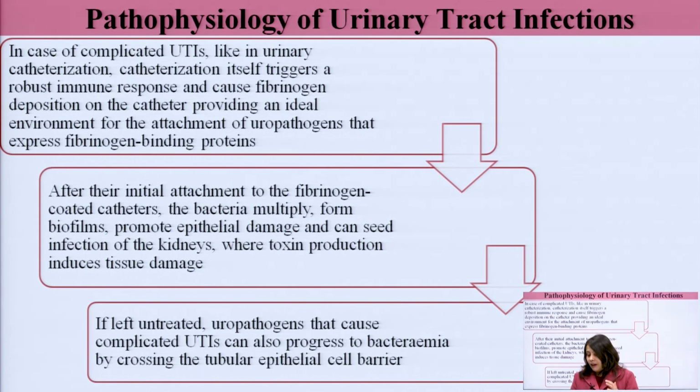If left untreated, uropathogens that cause complicated UTIs can also progress to bacteremia, or progress to circulation by crossing the tubular epithelial cell barrier.